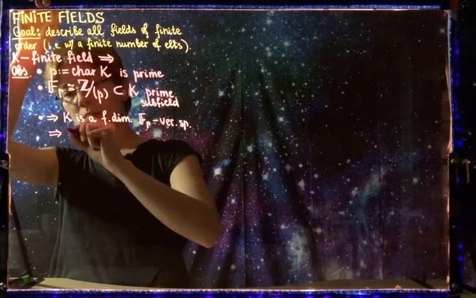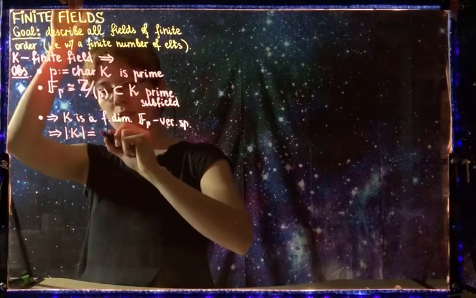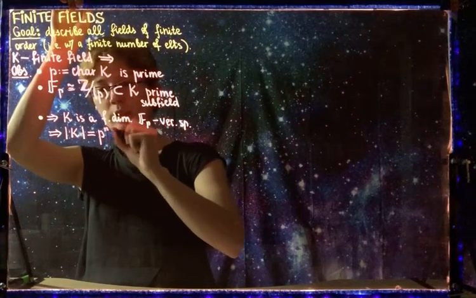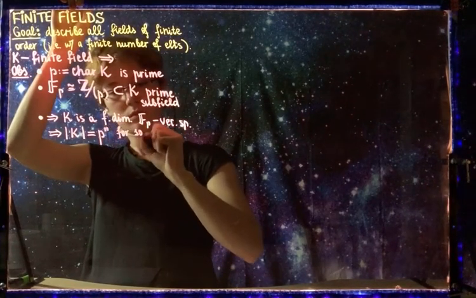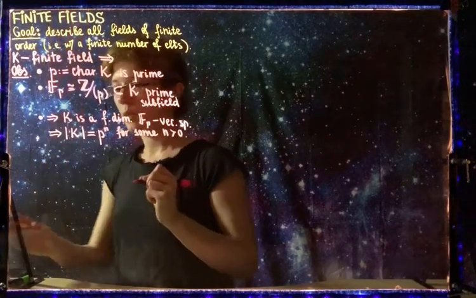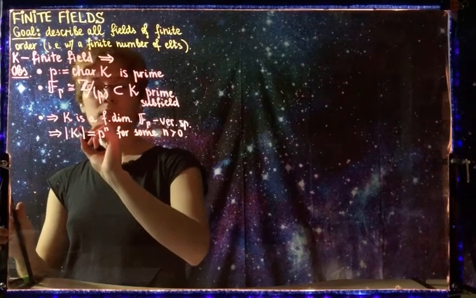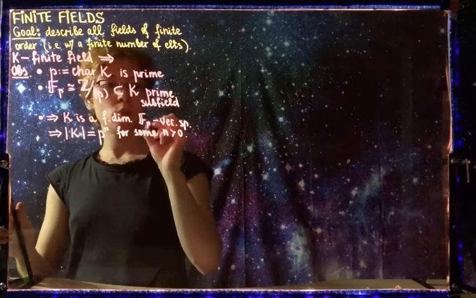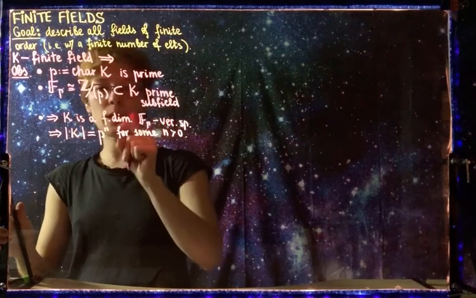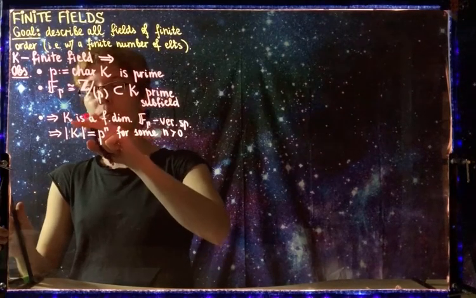So the number of elements in K is equal to the number of elements in Fp to some power n. Because we can represent vectors in K as tuples of elements in Fp, and for every coordinate we have p choices. And if we have n coordinates, then we would have a total of p to the power n choices for vectors in K.